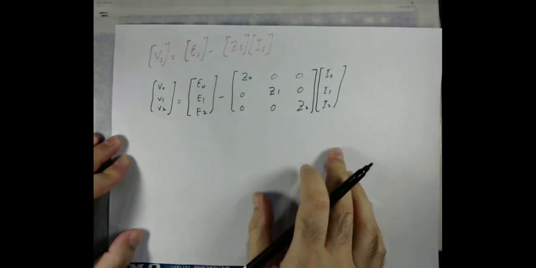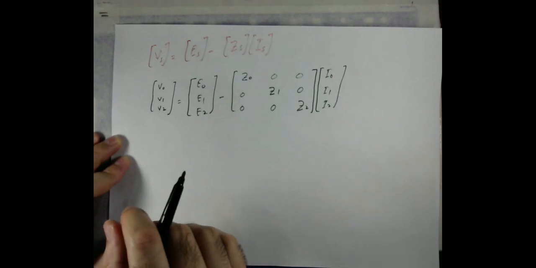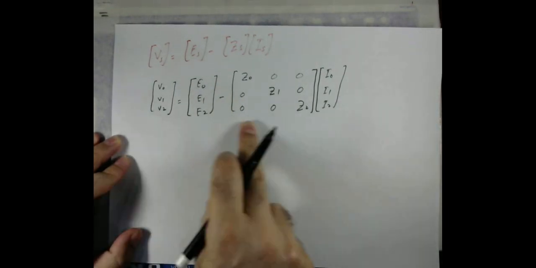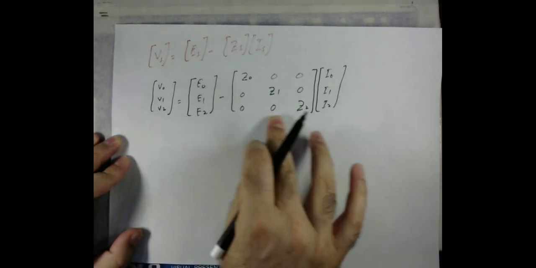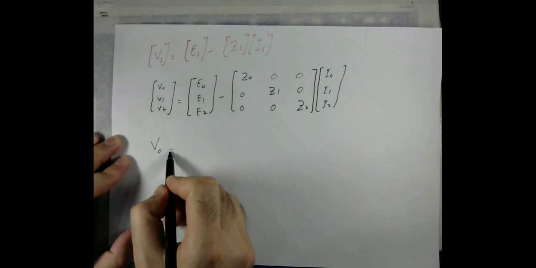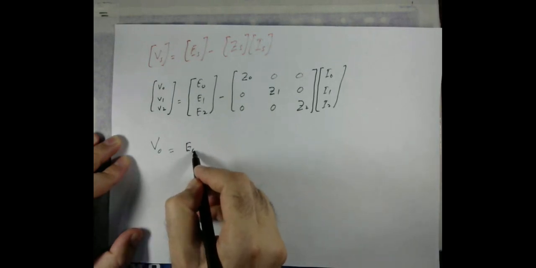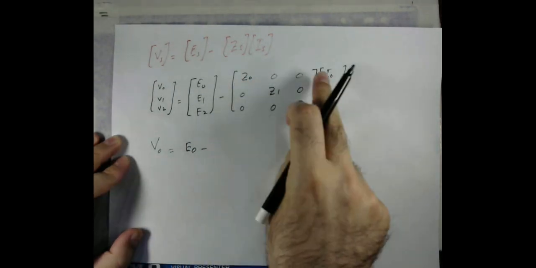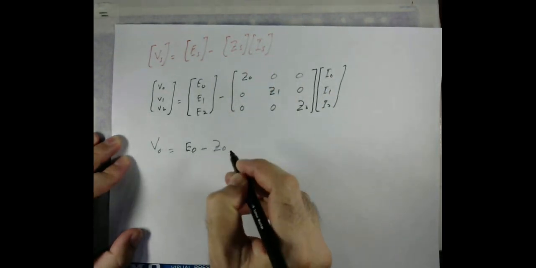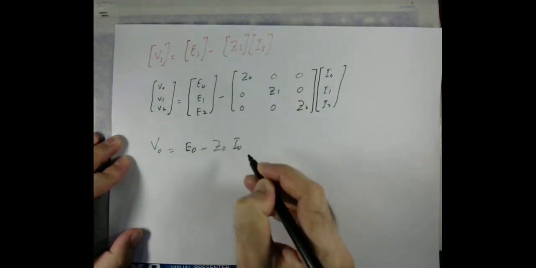So from this expression we can write that V naught is equal to E naught minus Z naught I naught, because the other two terms are 0.